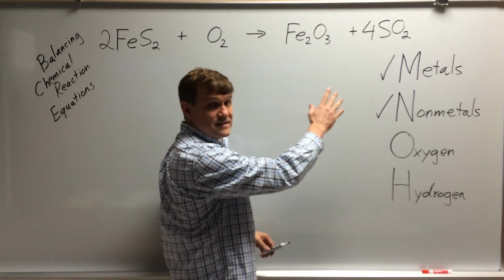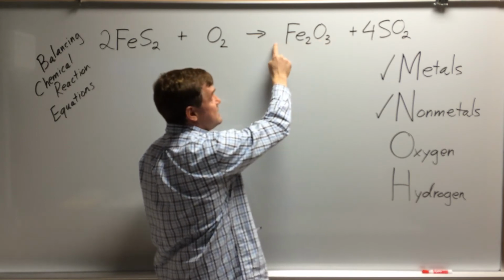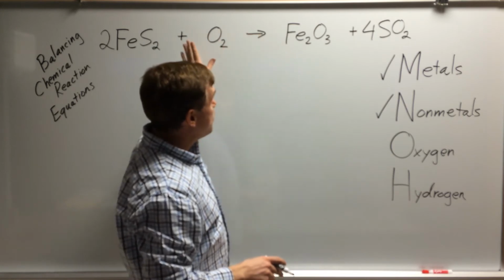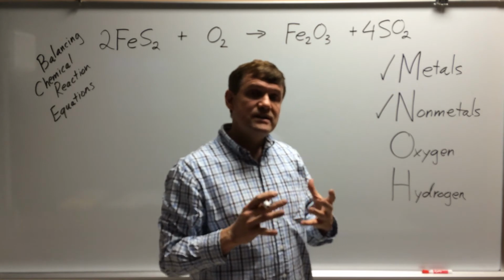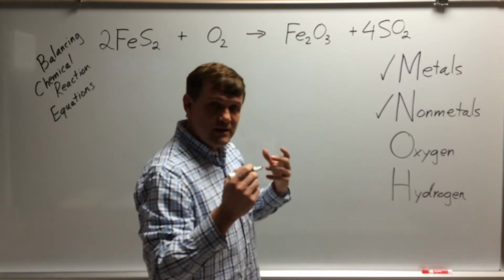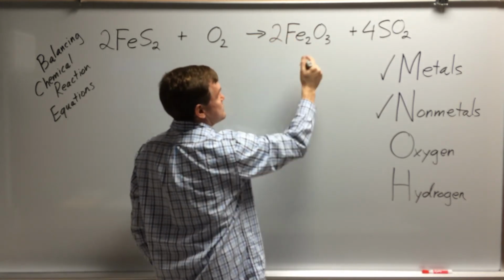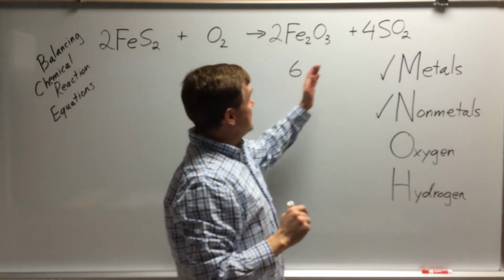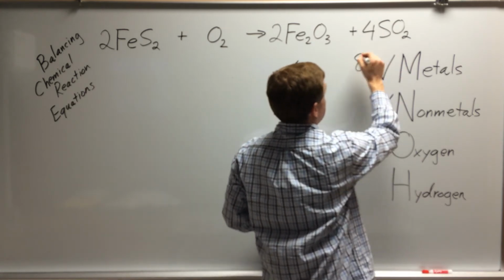If I look on the right side and I see that I have 3 oxygens right there, I need to make sure that I have an even coefficient here before I do any balancing of oxygens. So one of the things I need to do is be aware of that. If I see that 3 right there, I'm at a very initial step. I'm going to have to put a 2 here, because that's going to give me a total of 6 oxygens right here. And I have 4 times 2, or let me squeeze this in here. I have 8 oxygens there.